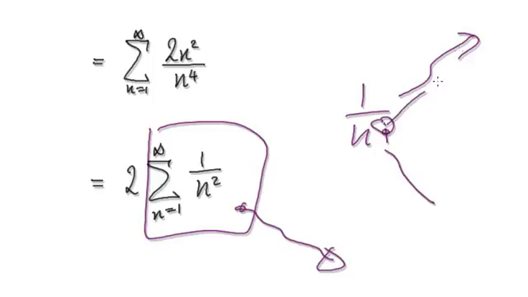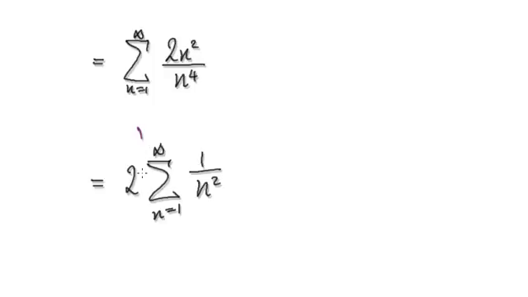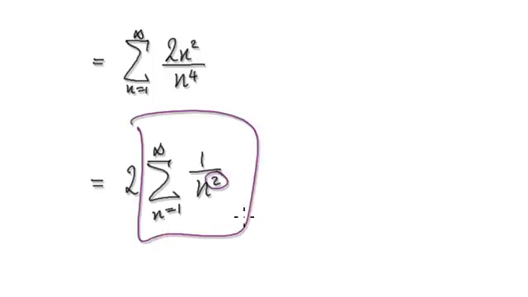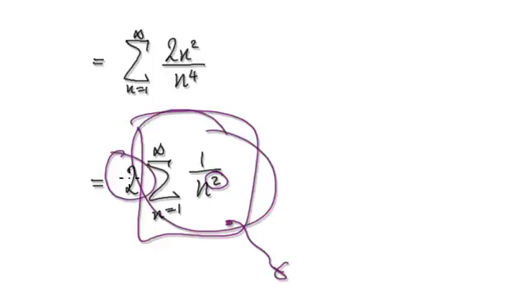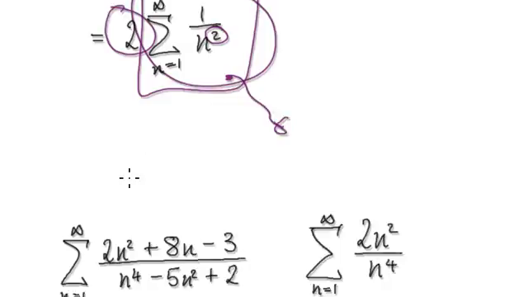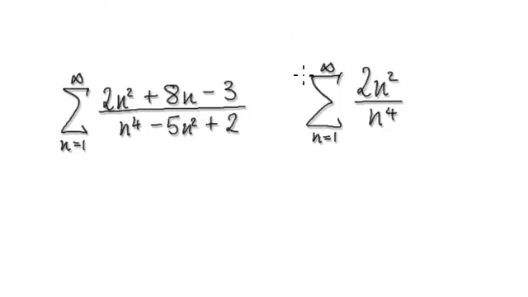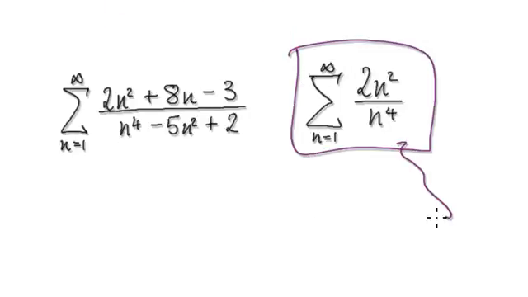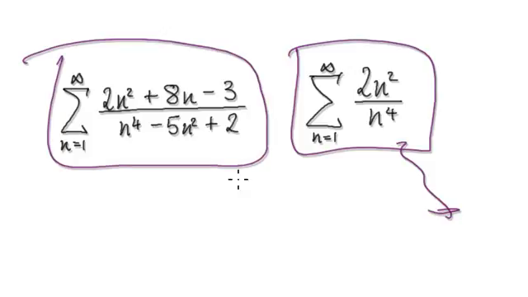Anything below 1 will diverge. This thing here, because it's bigger than 1, will converge. If this thing converges, then when you times 2, it will converge. So therefore, we know that this thing here is going to converge, and so this complicated thing here will also converge. Okay.